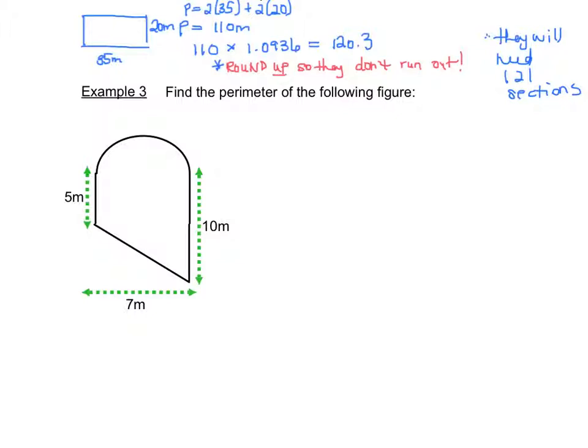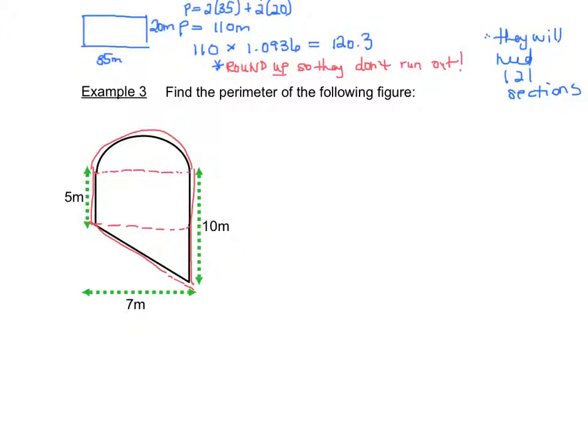Here we have what appears to be a combination of a semicircle, a rectangle, and a triangle. If I were finding the area of that figure, that would be a little bit different. I would find the area of those three sections and add them together. But that's not what we're doing.